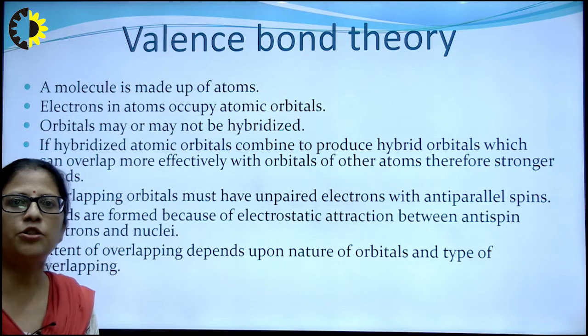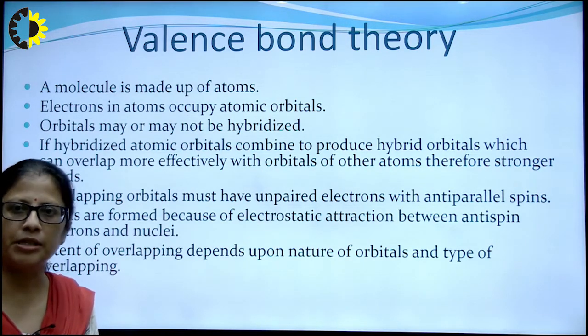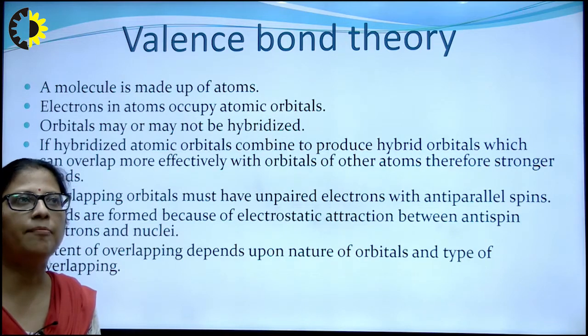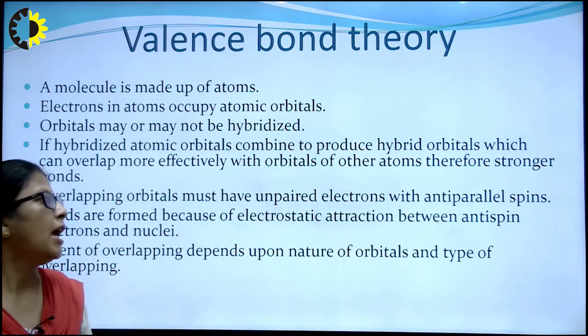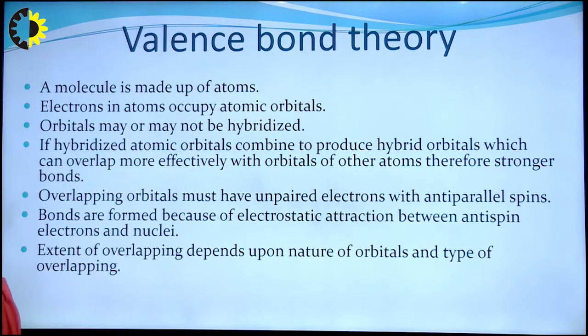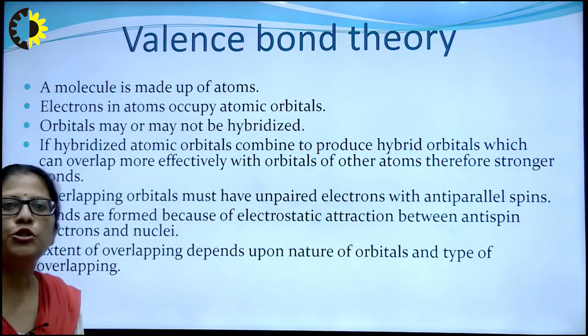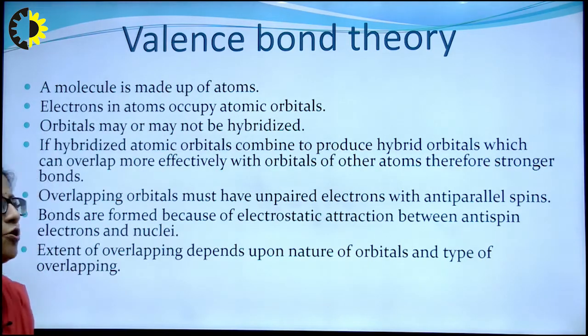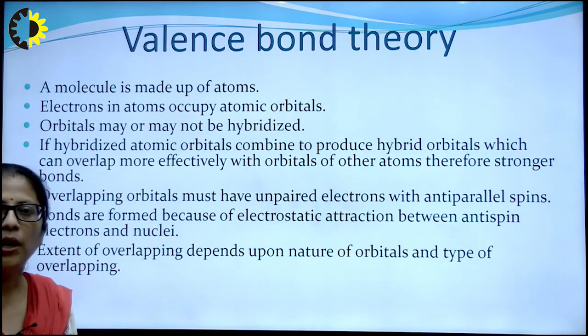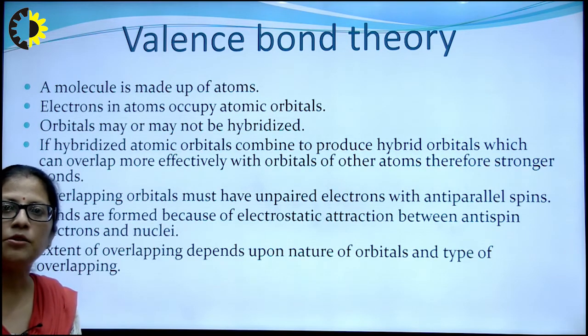Hybridized atomic orbitals combine to produce hybrid orbitals, which can overlap more effectively with orbitals of other atoms, therefore stronger bonds are formed. Then these overlapping orbitals must have unpaired electrons with antiparallel spins, or the opposite spins.